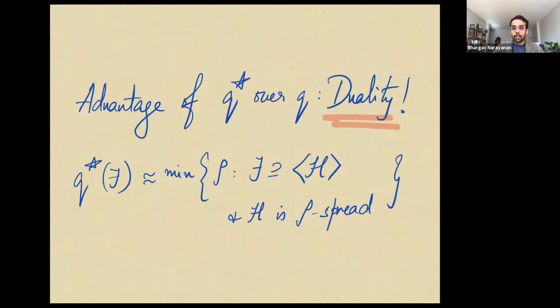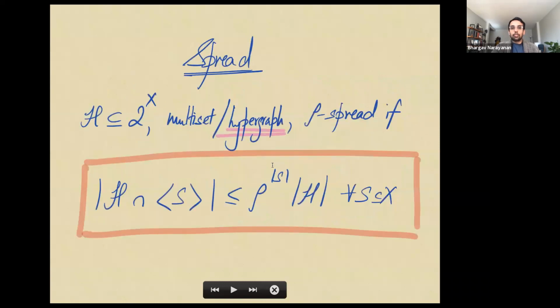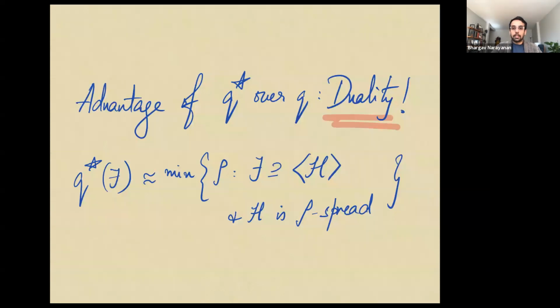I'll get to it in a second, but there is this nice dual characterization of the fractional expectation threshold. So let's get into understanding what this characterization actually means. I'll define what it means for a hypergraph to be rho spread. Indeed, that's the notion appearing right here.